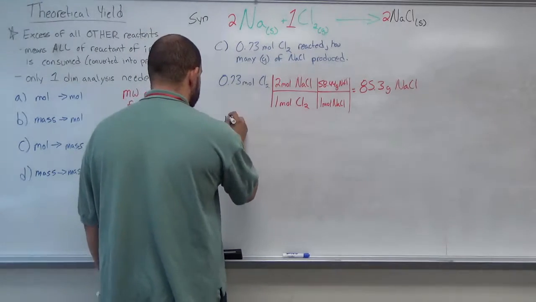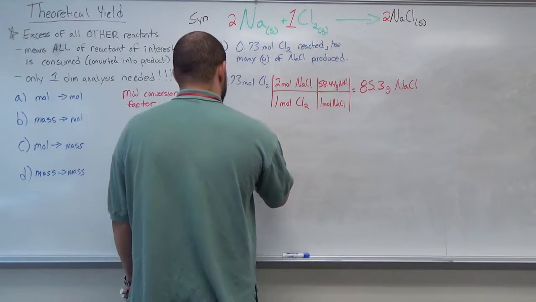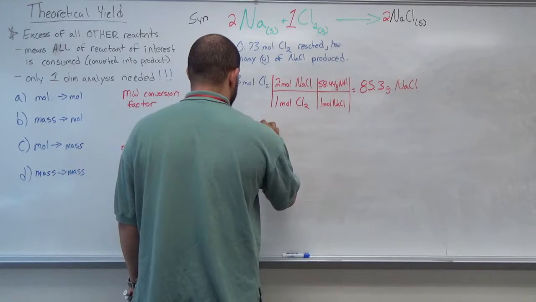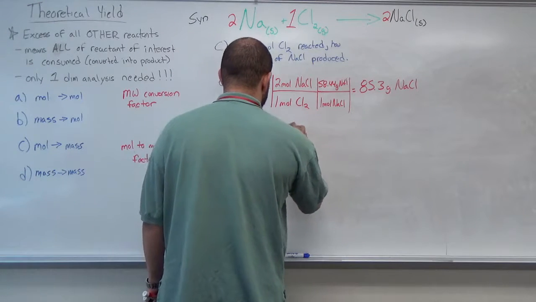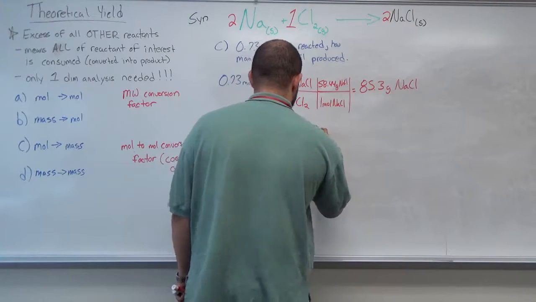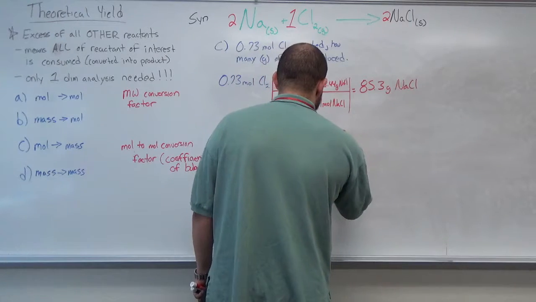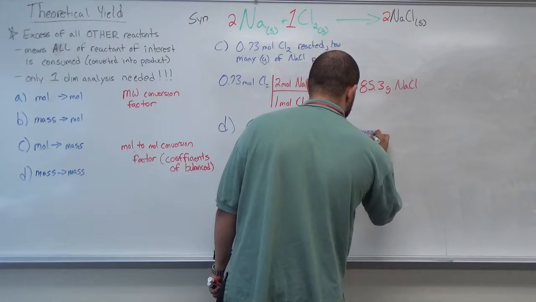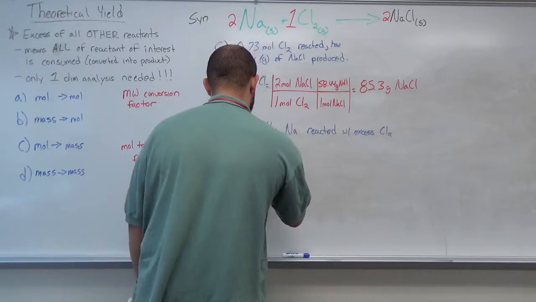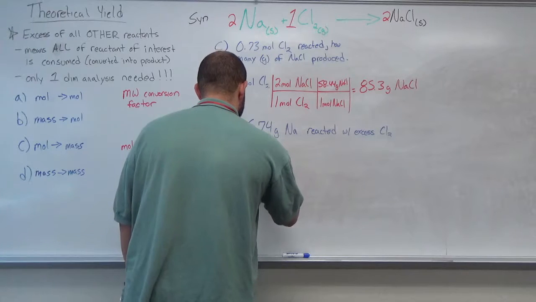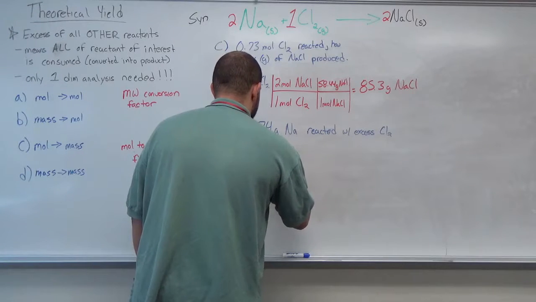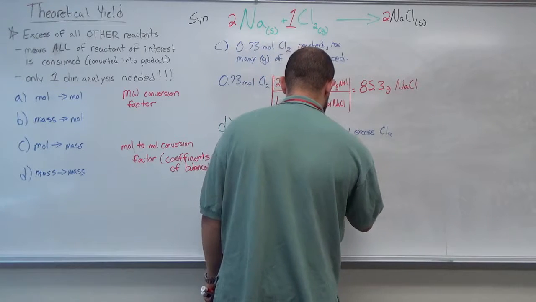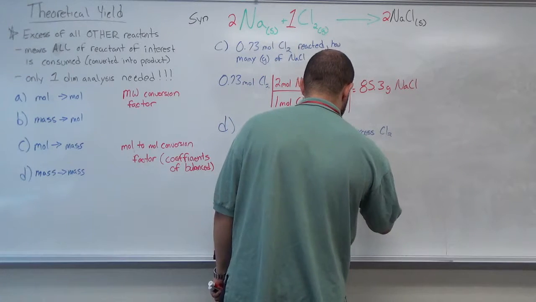So our question would look like: 6.74 grams of sodium reacted with excess Cl2. How much NaCl formed, in grams?